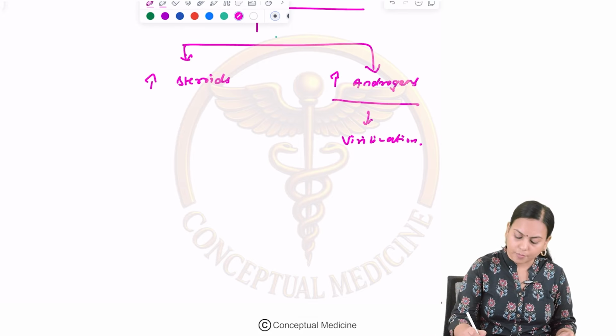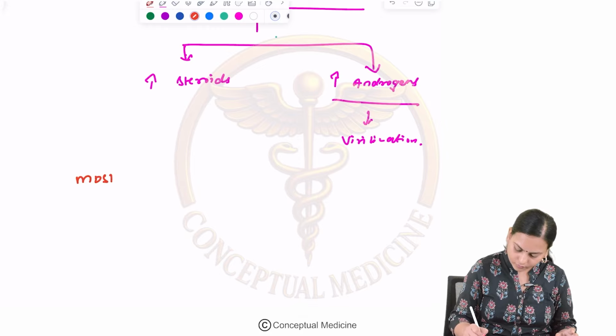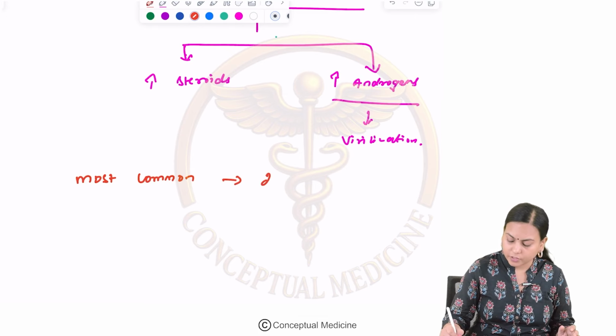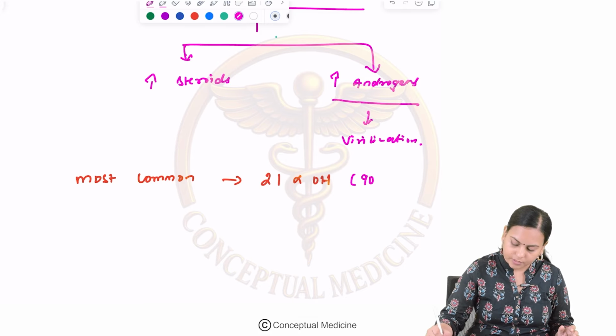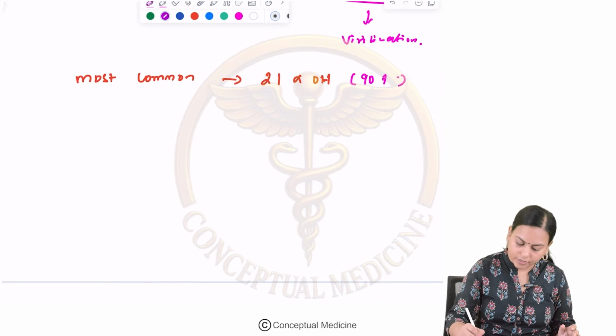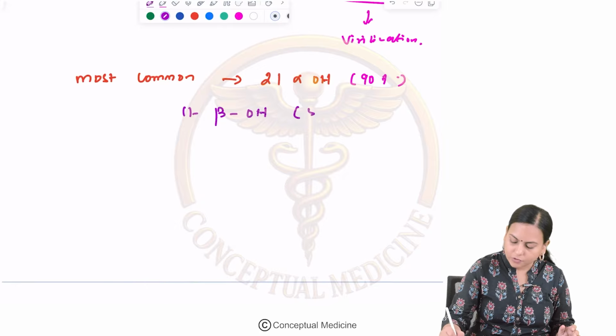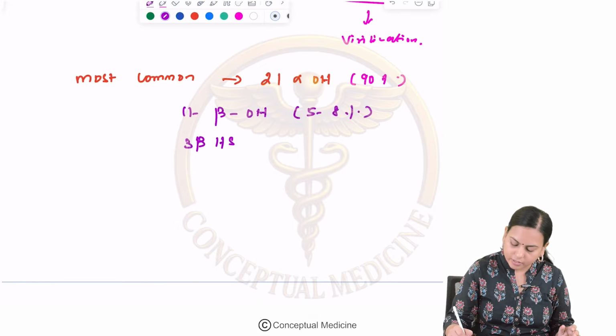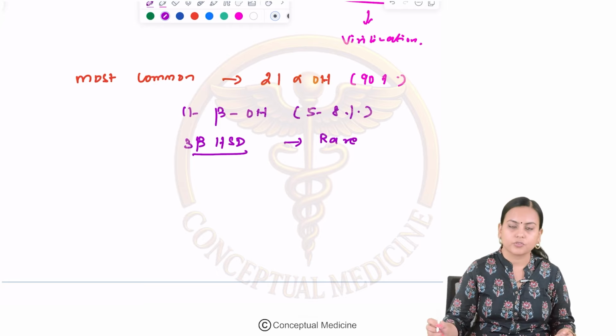The most common enzyme deficiency is going to be 21-alpha hydroxylase deficiency, which constitutes about 90% of the cases. Other deficiencies include 11-beta hydroxylase deficiency, which constitutes about 5 to 8% of the cases, and then 3-beta hydroxysteroid dehydrogenase deficiency, which is a very rare disorder.